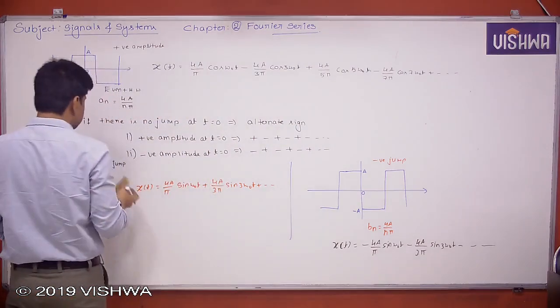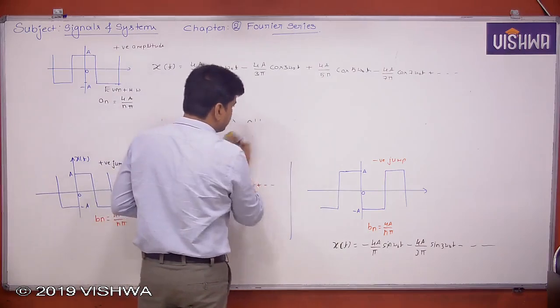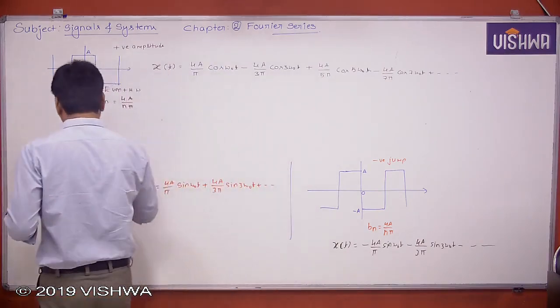Clear? In a similar manner, suppose we are having a waveform which is like this, which is having a negative amplitude with no jump.